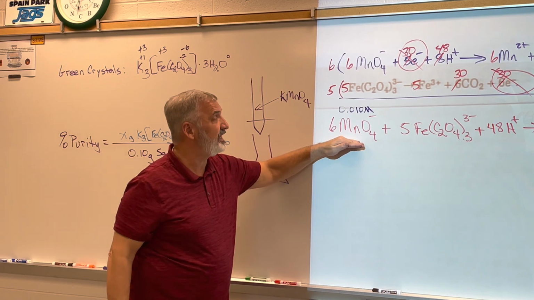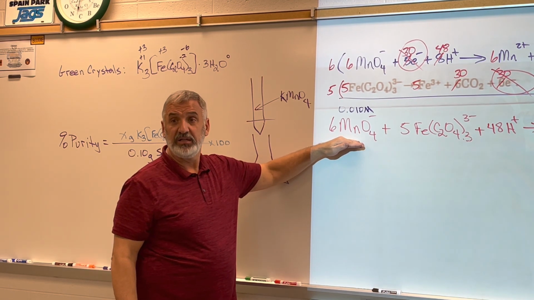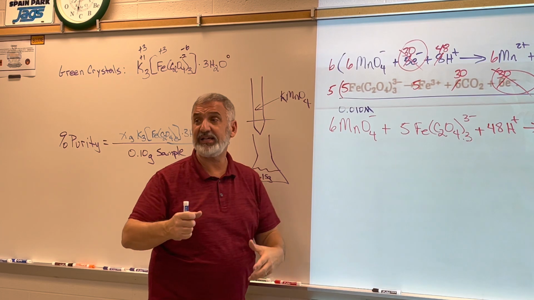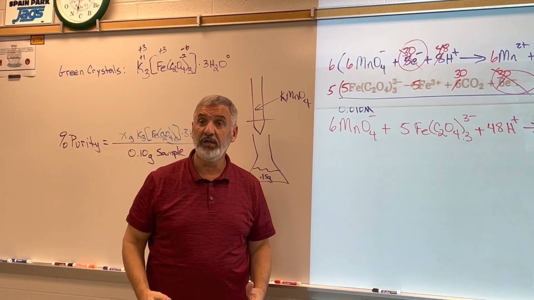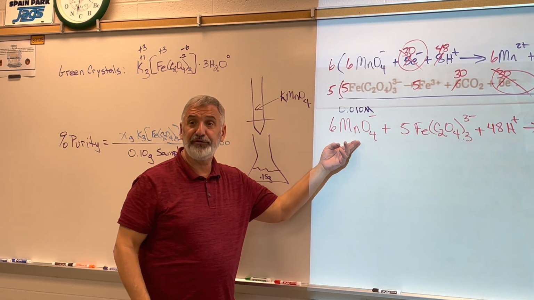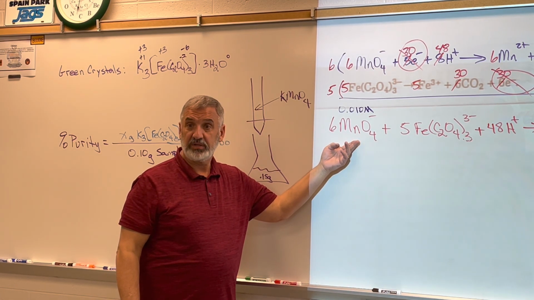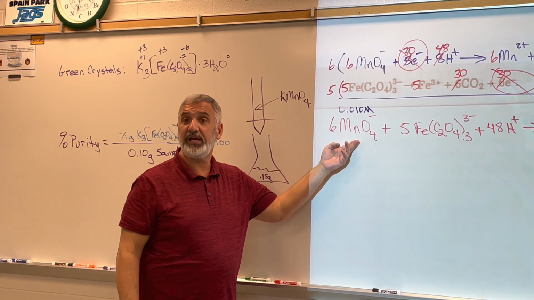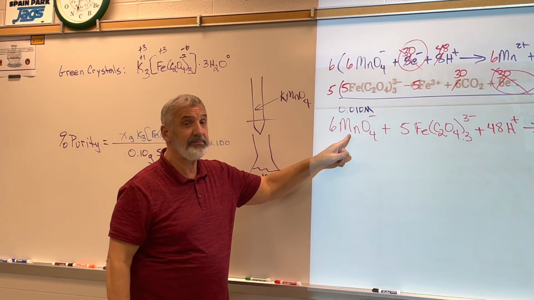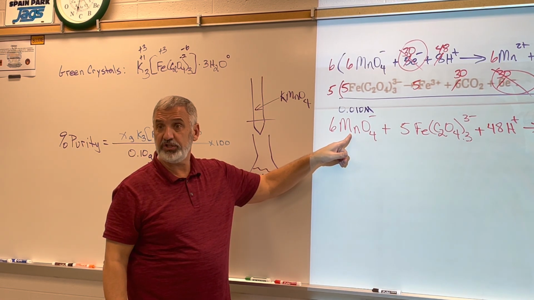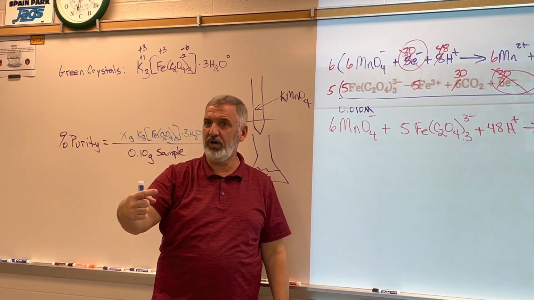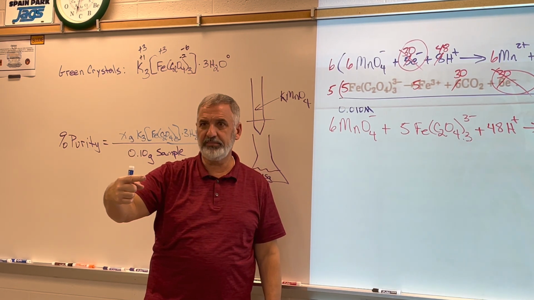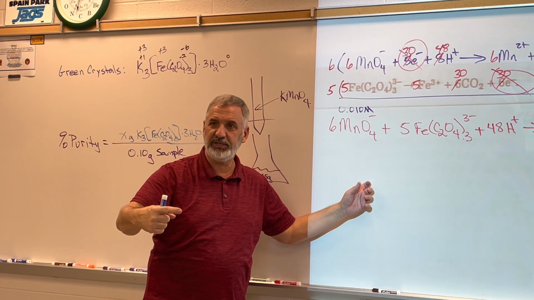Now, what happens if your burette, you walk into the lab and the previous class drained out all the KMnO4 and had rinsed it with water, and then you just filled it up with KMnO4? What's that going to do to your KMnO4? Diluted. So what's that going to mean about the amount that you would use? Take more or less? It's going to take more, right? So your first trial maybe takes way more, not way more, but enough more to make a lab question out of it on an AP test.